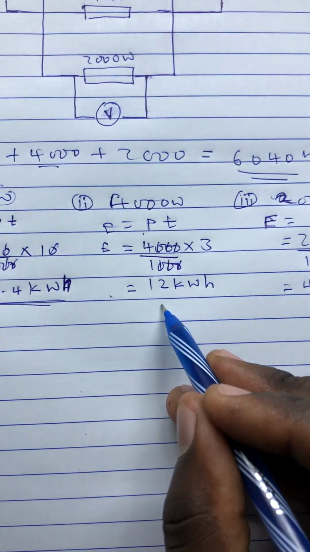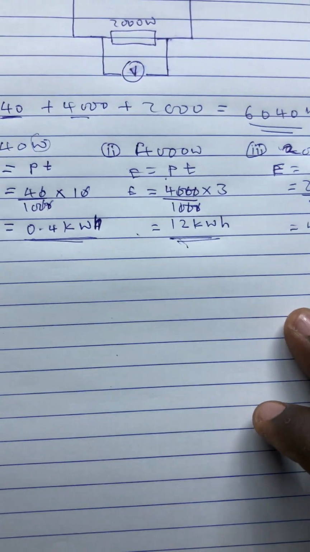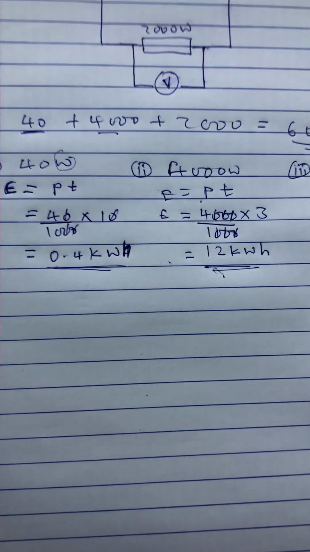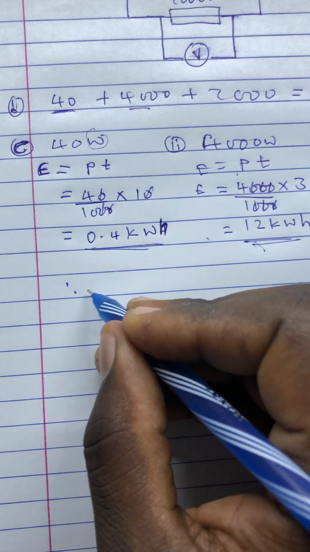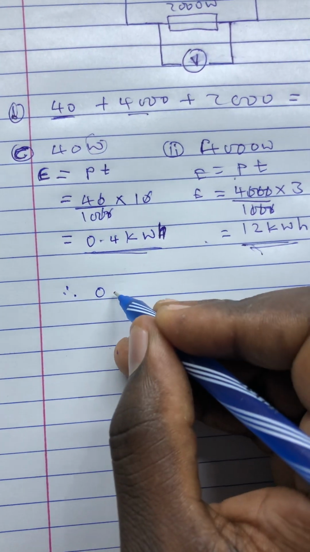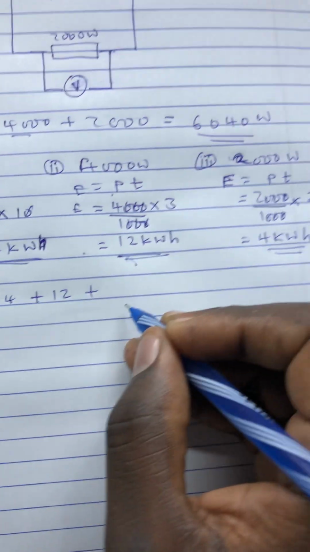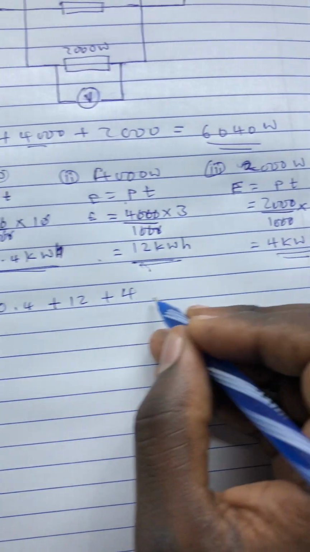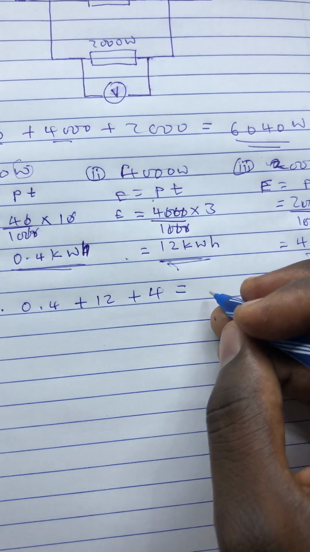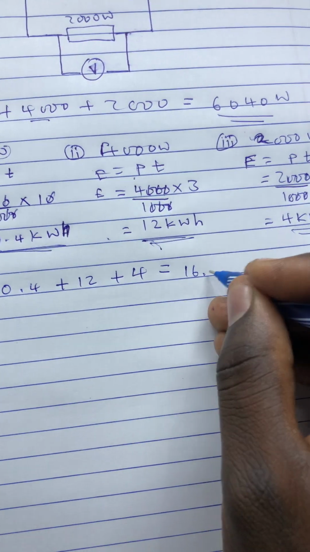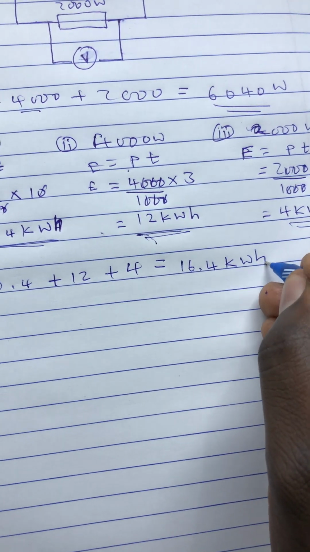So I have calculated the energies that these appliances were consuming in a day according to the number of hours that they are running. Therefore I'm going to find the total. 0.4 plus 12 plus the other one was 4, which is going to give us 16.4 kilowatt hour.